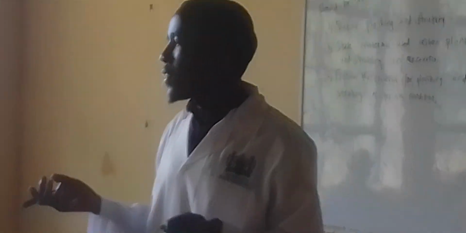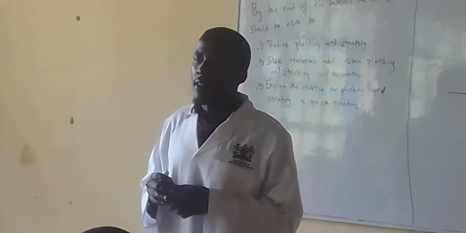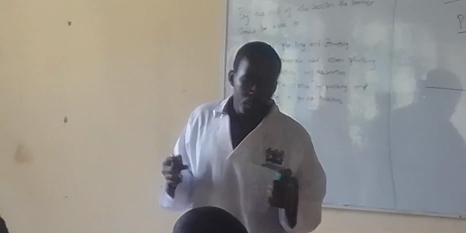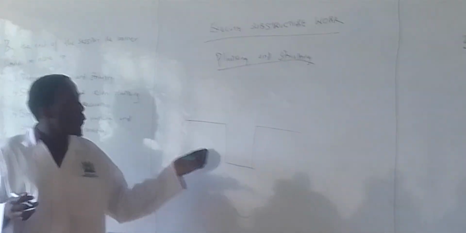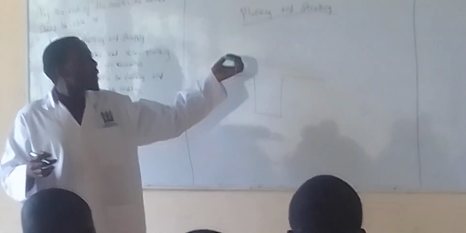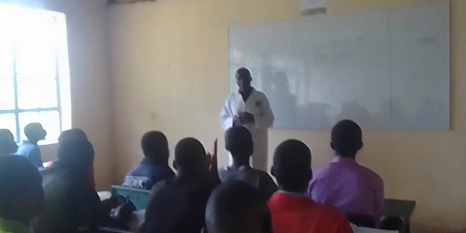When you are dealing with sand, it's not the same as when you're dealing with clay. When you're dealing with rocky soil, it's not the same as when you're dealing with black cotton. They behave differently, and when they behave differently, we have to do planking and strutting.